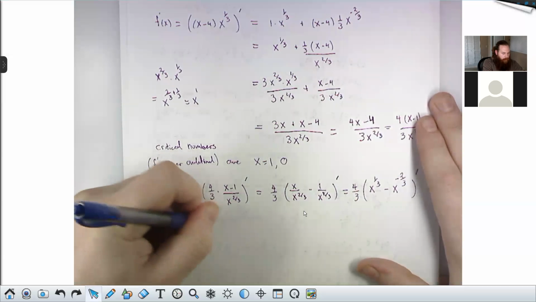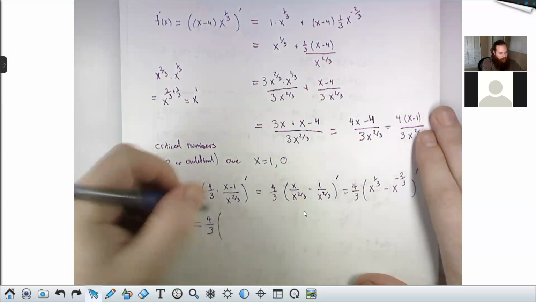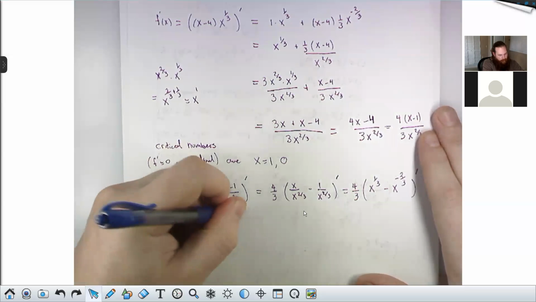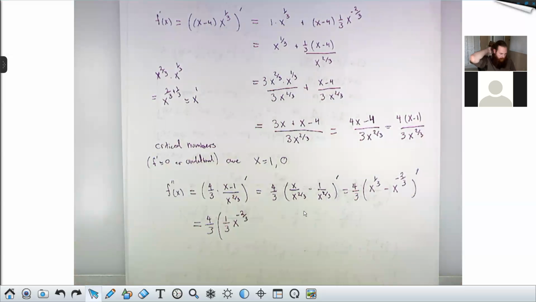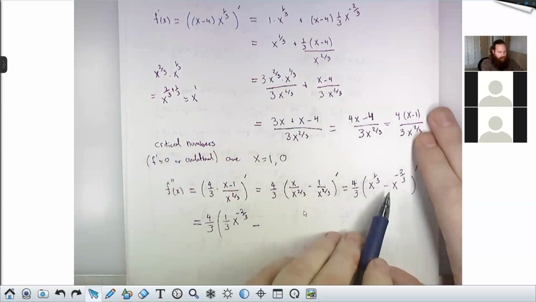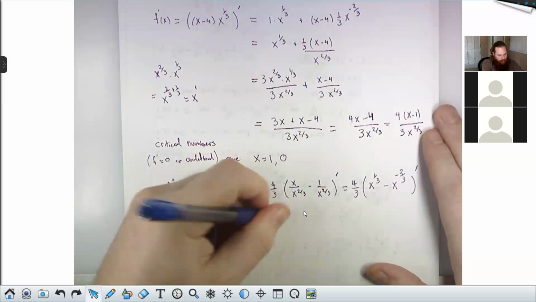The 4/3 popped out because it was a constant multiple. The derivative of x to the 1/3 is 1/3 x to the negative 2/3, because 1/3 minus 1 is negative 2/3. The minus here is the minus here, and then the negative 2/3 will come down.